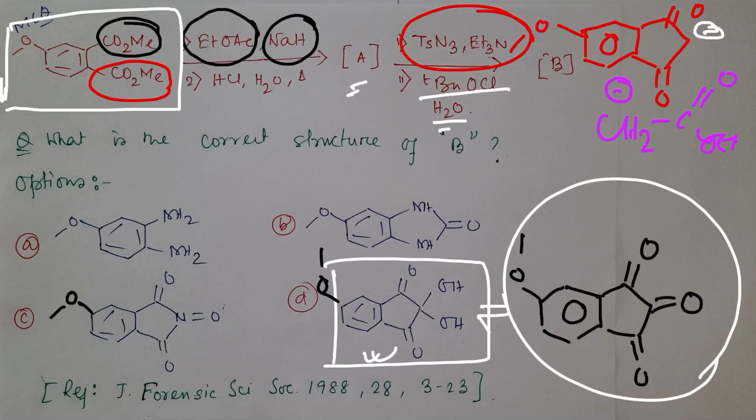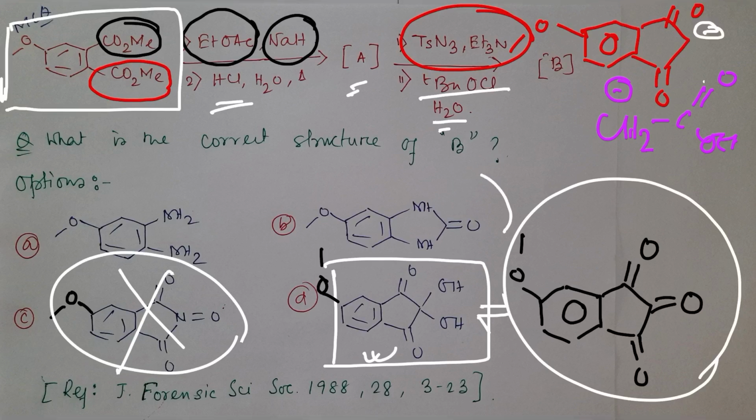First of all, why? See, this is a Claisen condensation, and the product is a 1,3 dicarbonyl compound, you get it. Second is azide. Azide cannot break the carbon, so this option is gone, because nitrogen attached to the benzene ring is not possible.